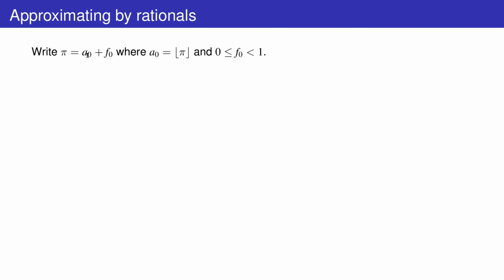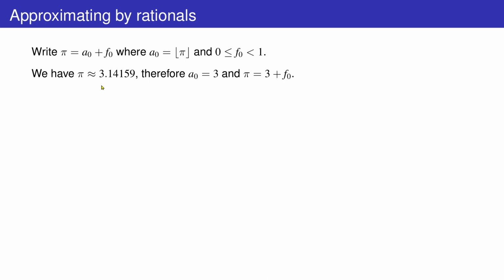The integer part of pi I'll denote by a0, using this symbol, which denotes the integer part, or what's sometimes known as the floor function, defined to be the greatest integer which doesn't exceed pi. And then we have what's left over, the fractional part, the part that lies between 0 and 1.